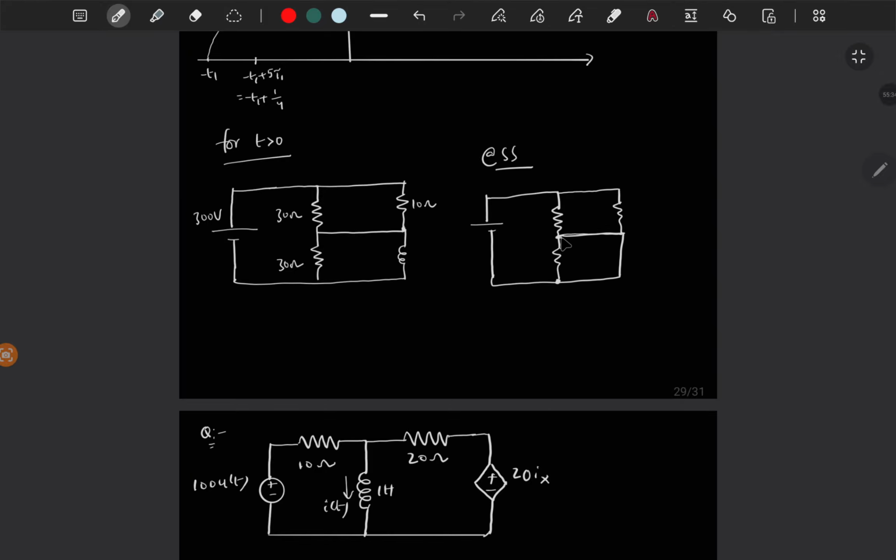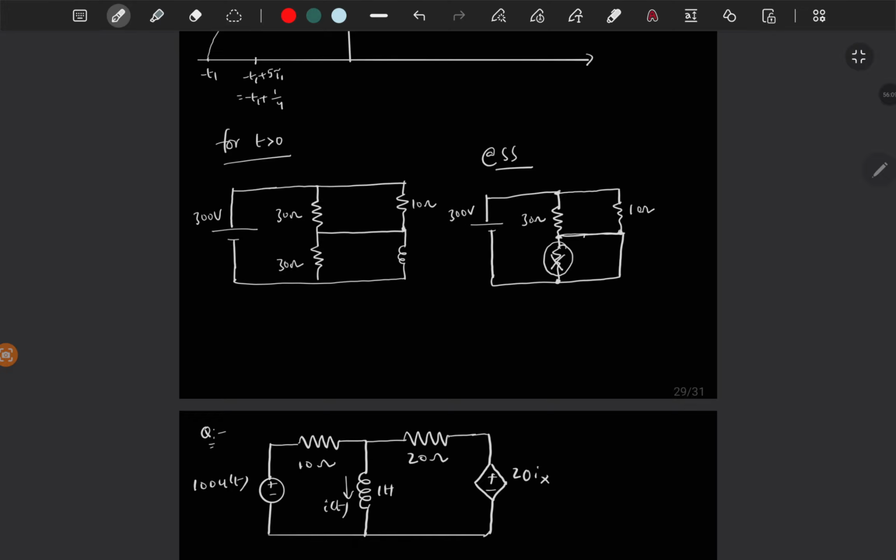If it is 0, then this is also 0. So it means this will be ignored since it is across the short circuit. And we have 30 ohms, and this node is same as this node, right? So this terminal and this terminal are same, and we don't have this resistor now. So if across two terminals we have two resistors, then those two resistors are in parallel.